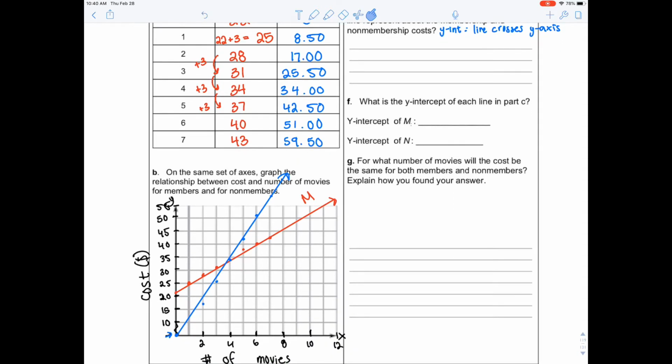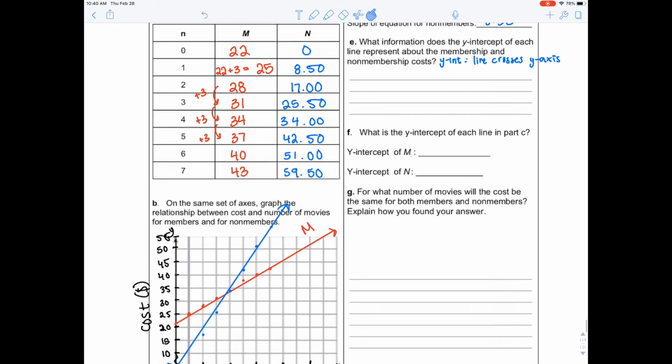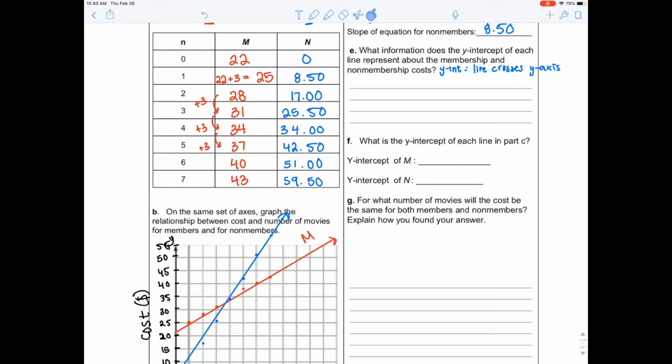So let's think about it. So the cost for members, when they watch 0 movies, the y-intercept is 22. They have to pay $22. So in simpler words, we can say that the y-intercept of each line is just, sorry, my pen kind of died there for a second.